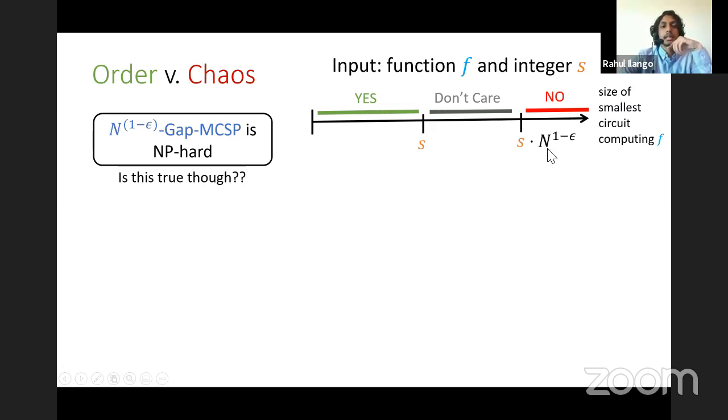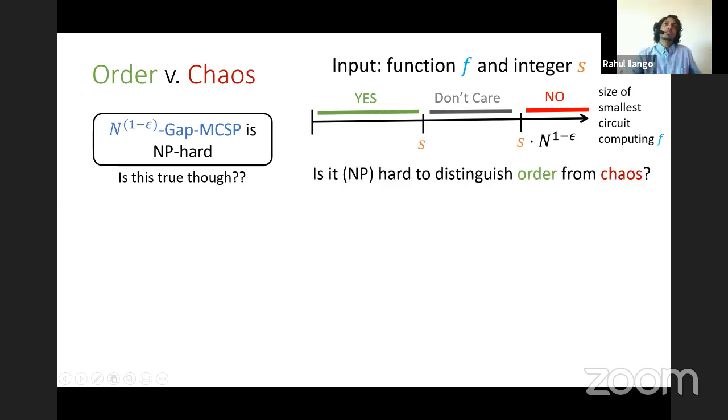And n is going to be the length of the input. So basically, every function is going to have a circuit of size capital N. So the approximation factor here is really huge. It's asking, do you have a relatively ordered circuit, a small circuit, or do you require basically maximum size circuits?